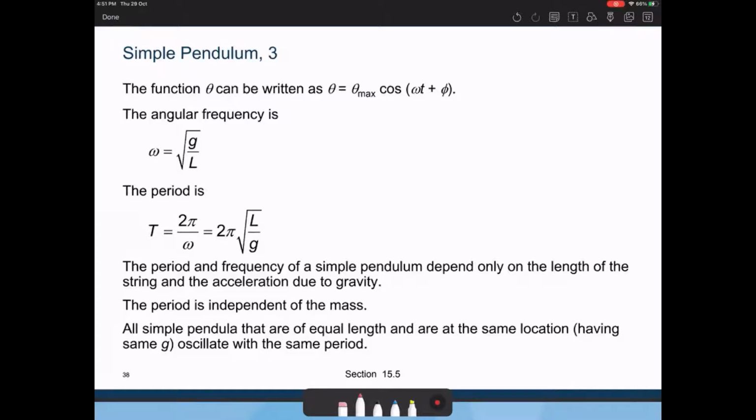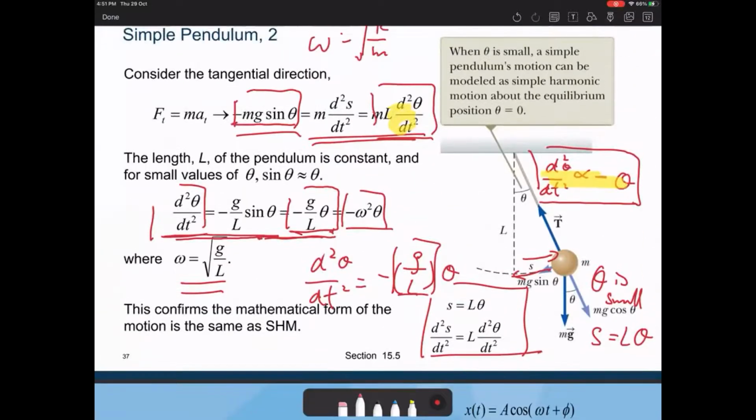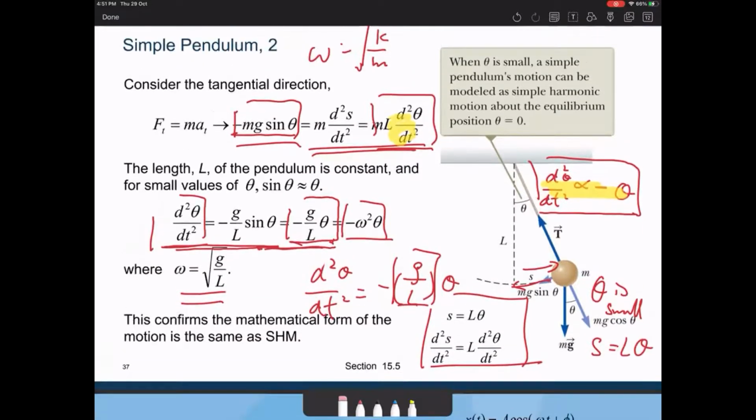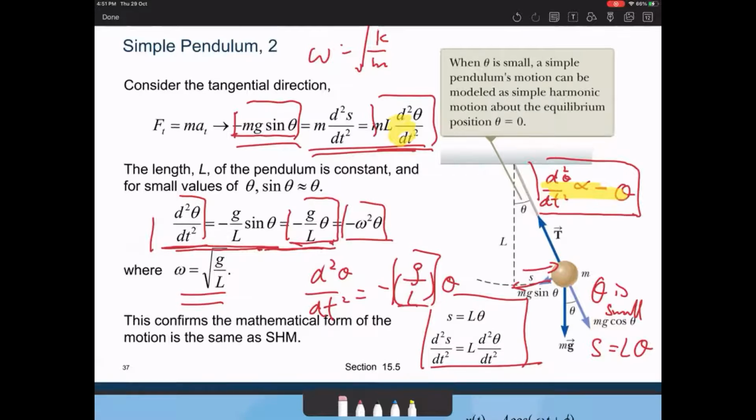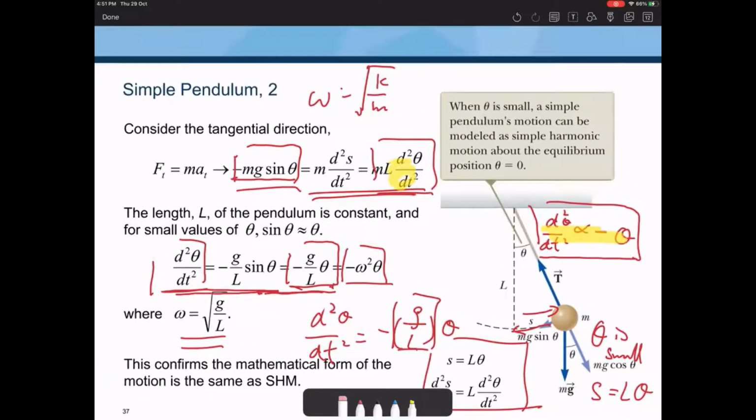We derive it by considering the equation of motion for the particle hanging on a string. So we start from the equation of motion, considering that here, F equals ma. So what is the force?